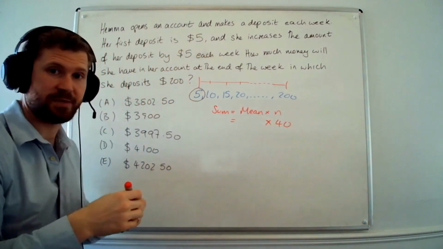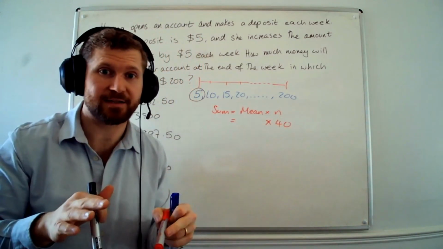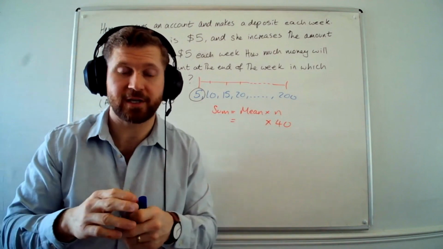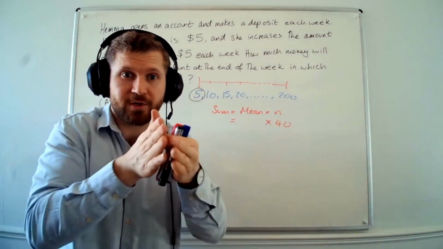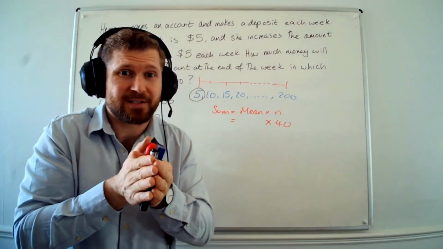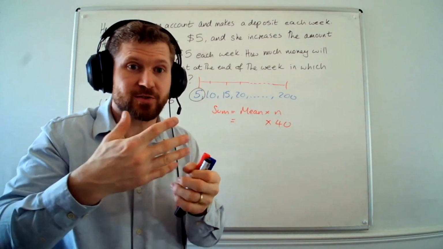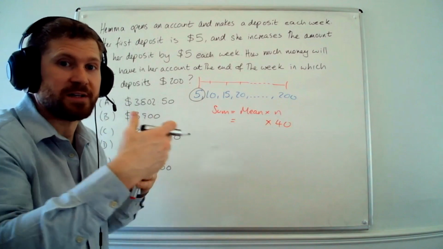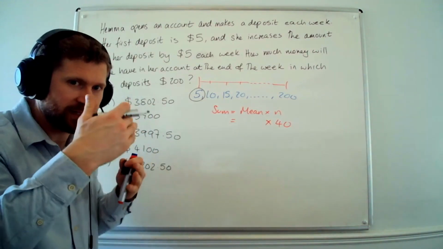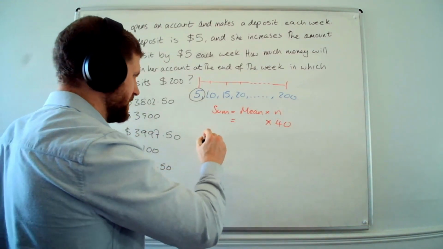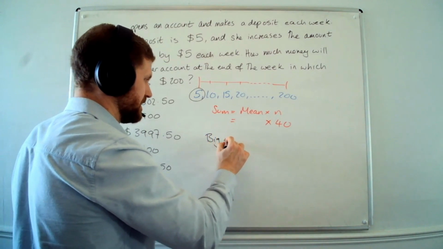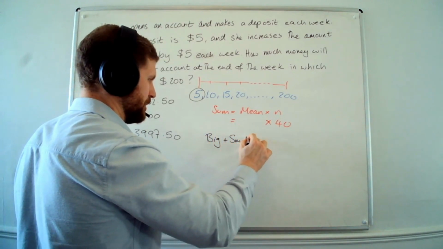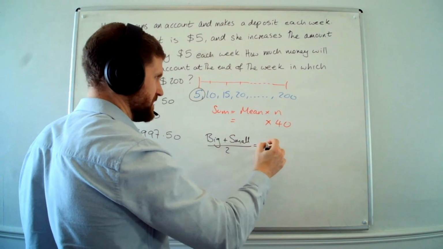We just need to find the mean here. Exactly the same way as the previous one, you can think about, well, 5 to 200, what is right in the middle of there? It's a bit more difficult to see in this case, so I'll go through the slightly more formulaic method. Because I've got an evenly spaced, symmetrical list, where the gap between each number is the same, in order to find the mean, I could just do the big number plus the small number and divide it by 2.